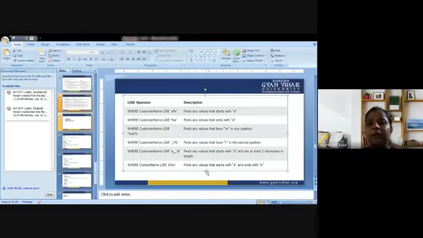Where customer name like 'A__%', it means find any value that starts with A and is at least 3 characters in length, because these are 2 underscores. This is a single underscore; we can easily find the difference between the two. So A plus, and there are 3 characters in length.